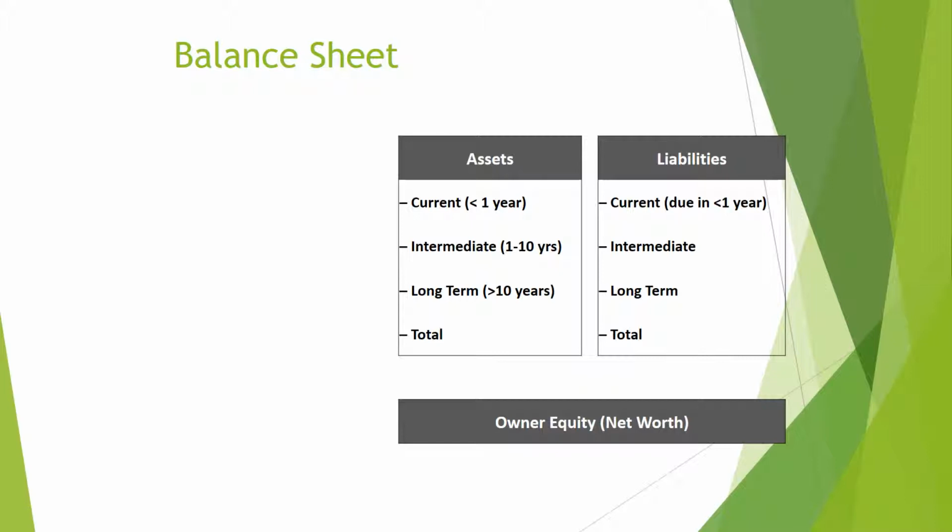And then on the right side, you're going to have your liabilities plus your owner's equity. Liabilities are things that you owe, and owner's equity is basically the money that's going to be left over in the business after you use all of your assets to pay off any liabilities that you may have.